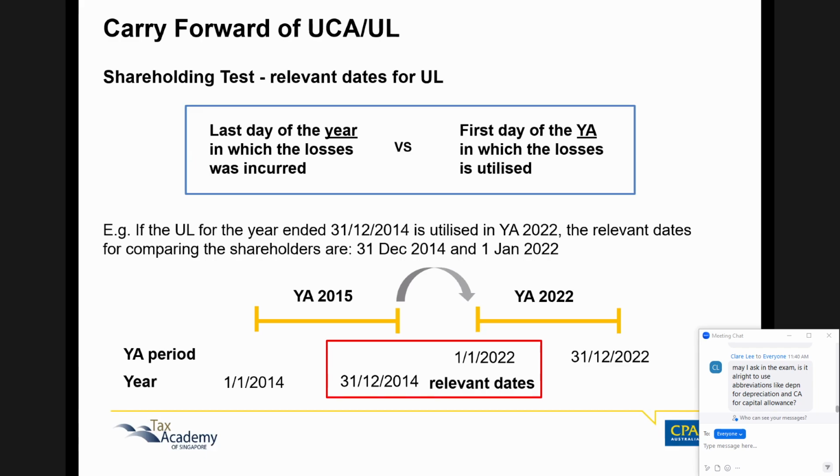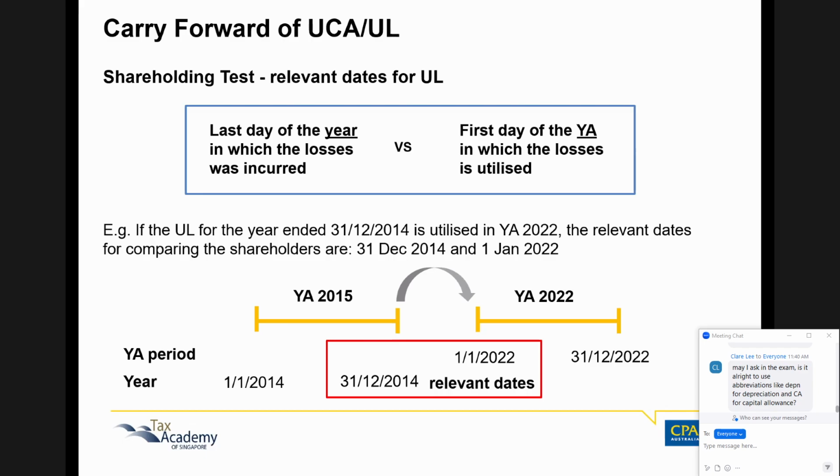But for UL, in the year where the losses were incurred, we don't look at YA, we look at the year. Sometimes it can be a bit confusing, but that's how the law is, too bad. Look at the last day of the year in which the losses were incurred, versus the first day of the YA in which the losses are utilized. The first day of YA is the same regardless of whether it's UCA or UL.